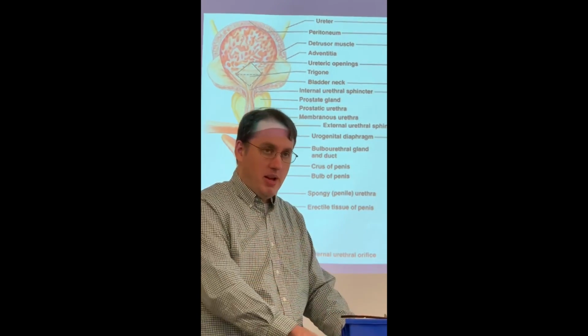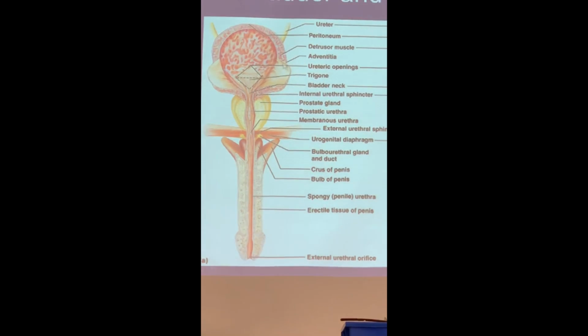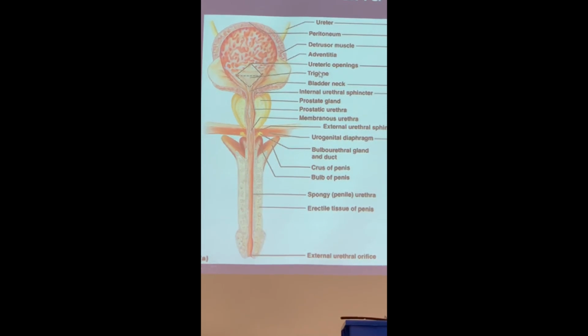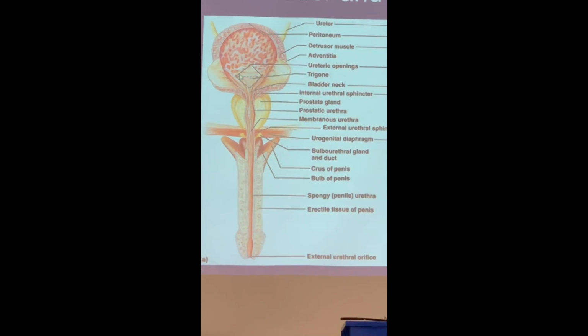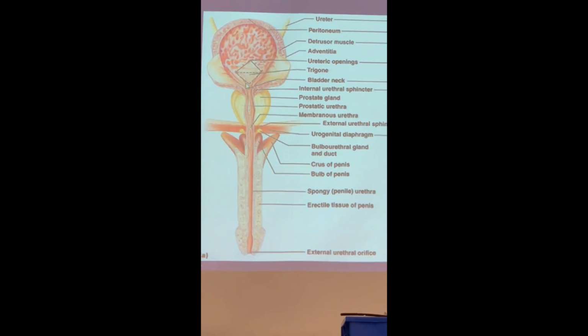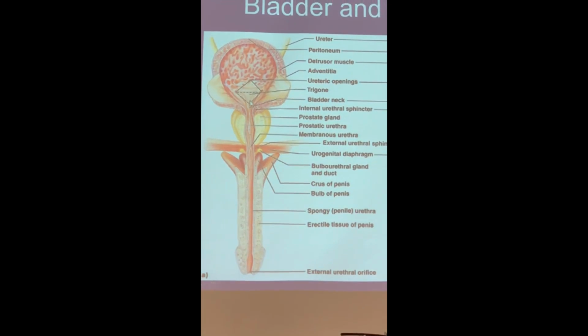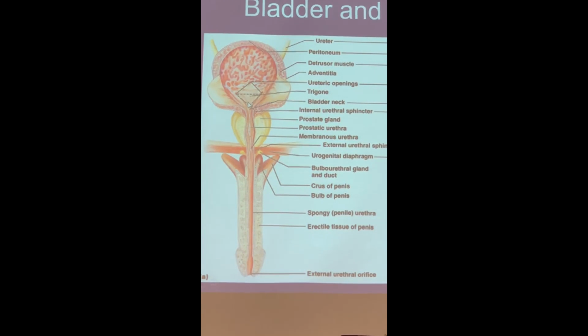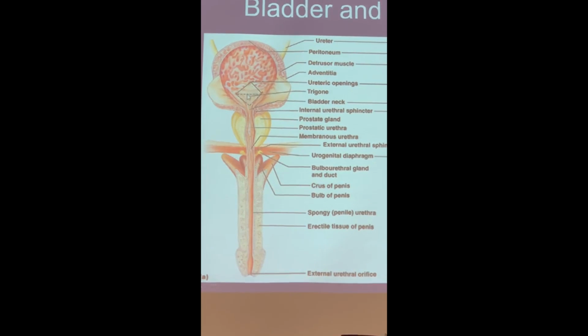So if you were to blow it up, it'll blow up like a dome, and that's what happens here. This is the trigone, or trigony. I've never seen a good analogy of that. This is the smooth portion of the floor of the bladder between the ureters and the opening of the urethra, and that part does not expand. When people have persistent bladder infections, this is the part that's often harboring the bacteria.